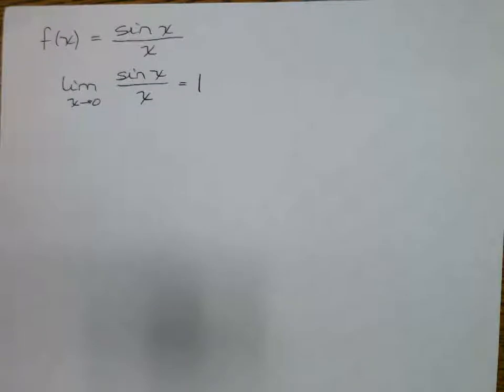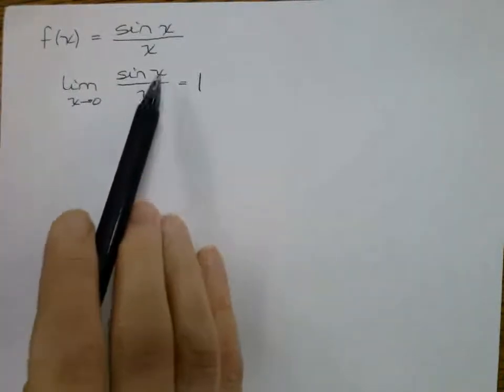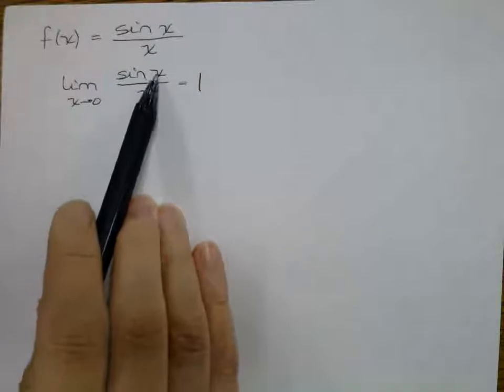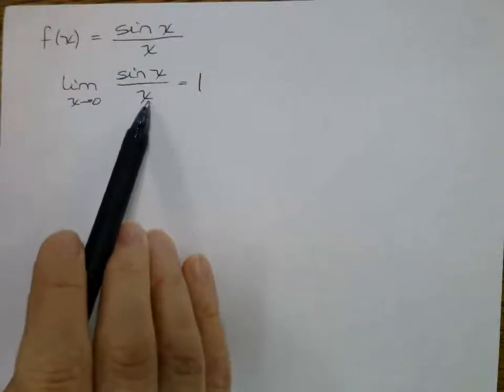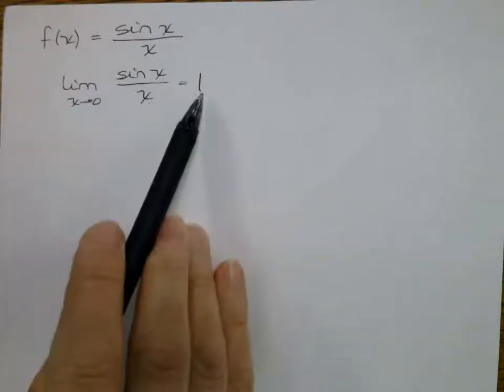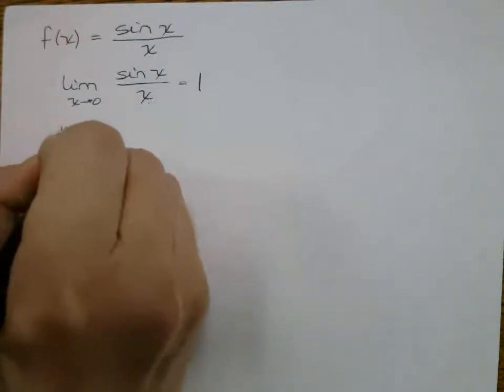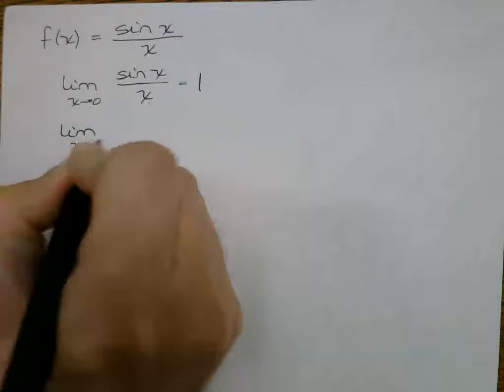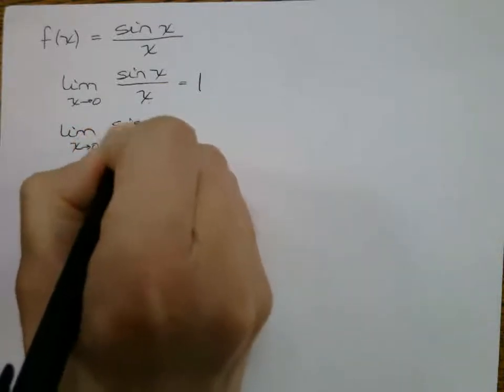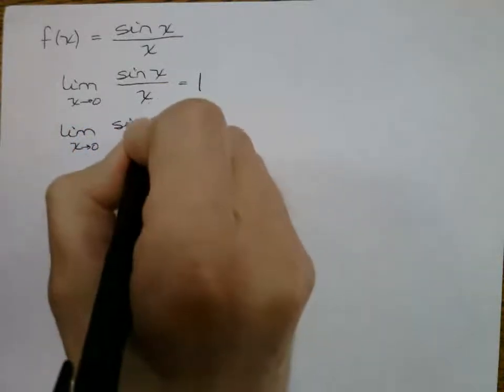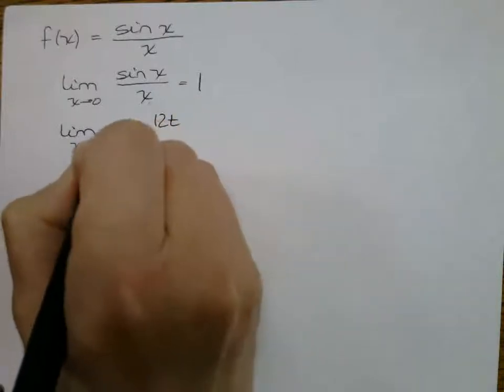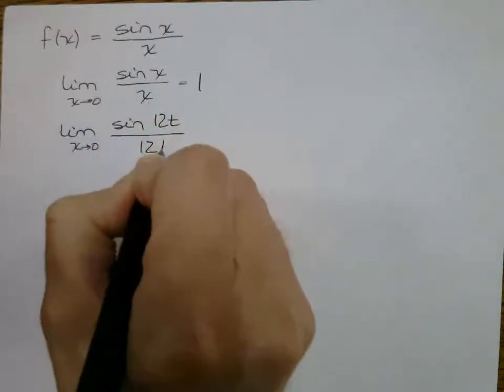But this opens the door, along with those limit properties, to knowing a whole bunch of other limits that are related to this one. It's not just sine x over x, it's sine whatever over the same thing. As x approaches 0, the limit is 1. So, for example, I could say the limit as t goes to 0 of sine 12t over 12t.